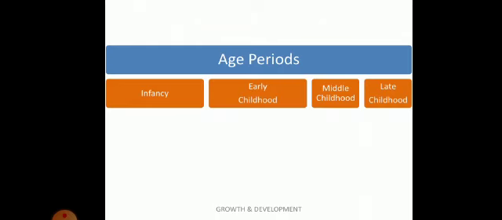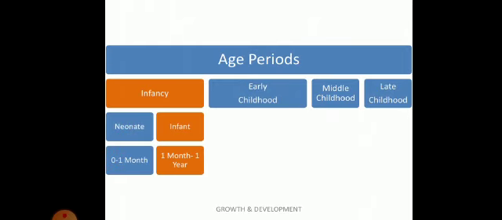What is infancy? Infancy has two parts. One is the neonate, up to 1 month of age. Many literatures support up to 28 days. Clear? So the first 28 days or first month is considered neonate, and there are specific branches for neonates, known as neonatologists. Now come to infant.